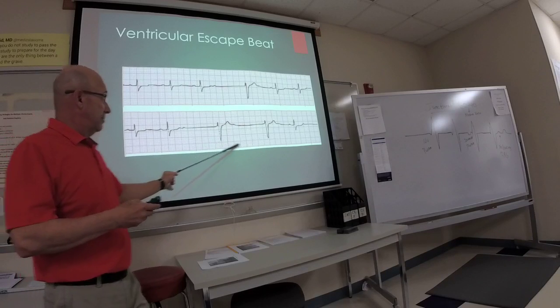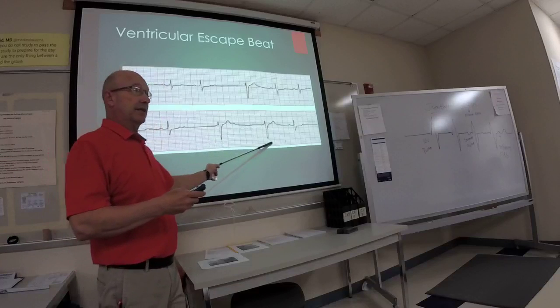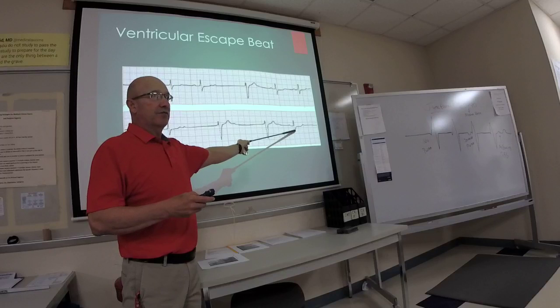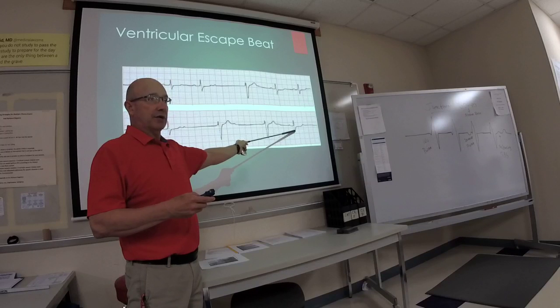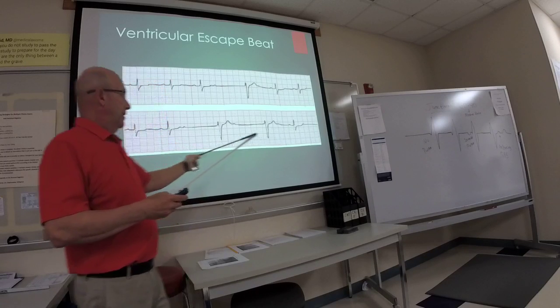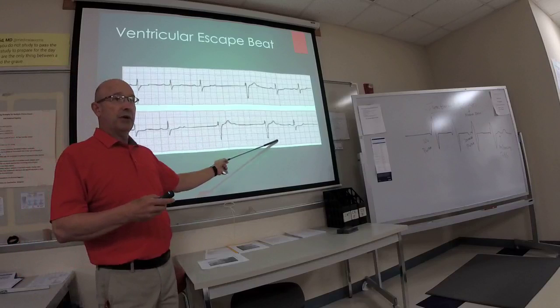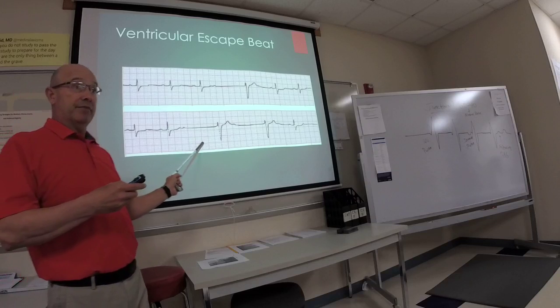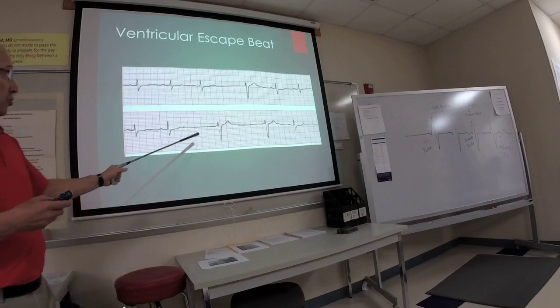So you have an escape beat. Oh good, the SA node finally woke up and started working. Happens once in a while, no problem. Happens all the time, big problem.